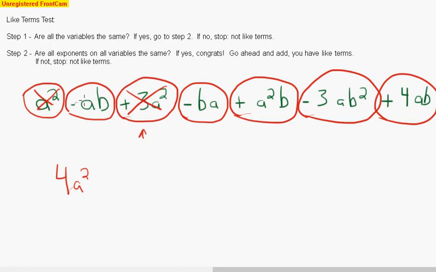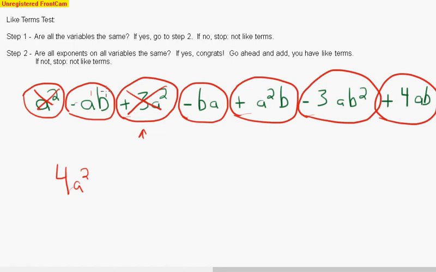Let's move on to the next possibility. We've got ab. Are there any other terms with an ab? Well, here's an ab, here's an ab, here's an ab. So all of these possibly are like terms with negative ab. So the question is then, let's find out which ones have all exponents on all variables the same. Well, ab really means a to the first and b to the first.